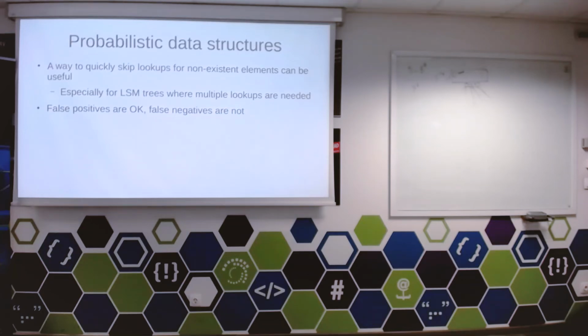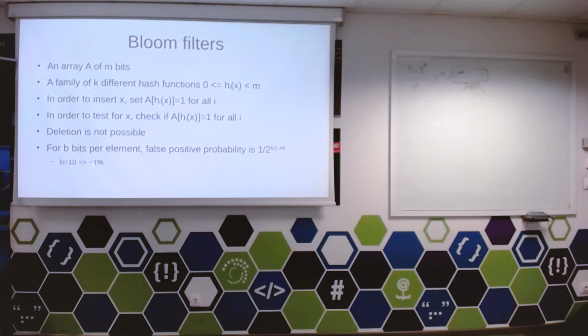So if we have inserted something, then the set must tell us that it's present. And we'll see that these sets are way more compact than just storing all of the elements. In fact, in the case of Bloom filters, you only need to store 10 bits per element, no matter how big the element is, in order to get a false positive rate of around 1%.